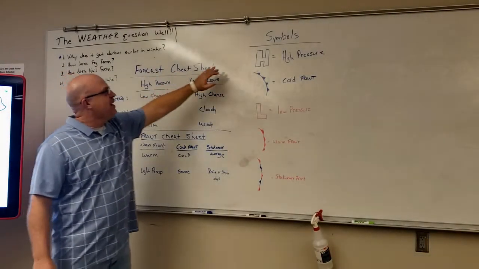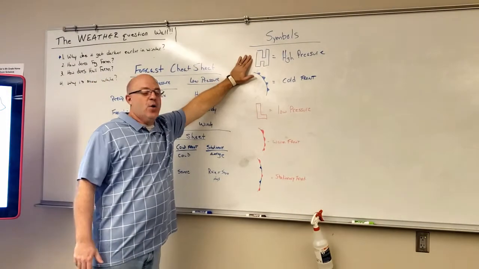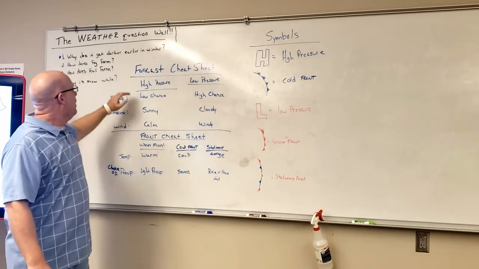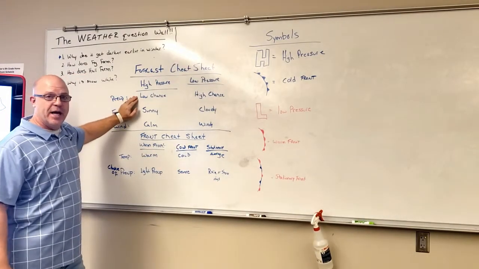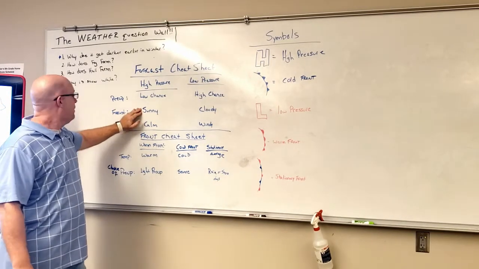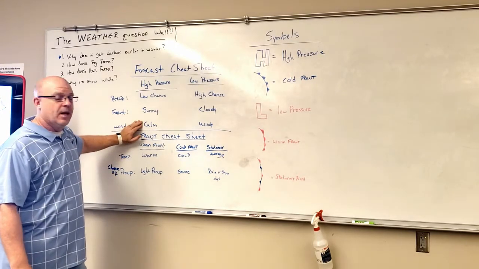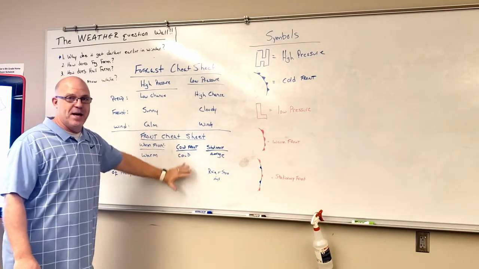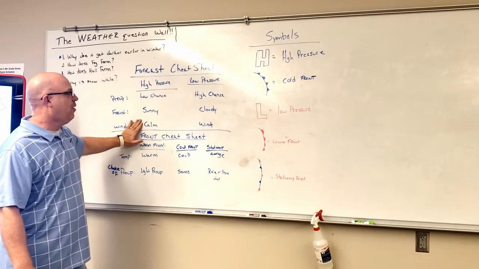So if I see a high pressure system, I see an H on the map, wherever you see that H, the weather forecast is a low chance of precipitation. The actual forecast is going to be sunny, and the winds are going to be calm. Notice nothing about temperature, just low chance precipitation, sunny, and calm.